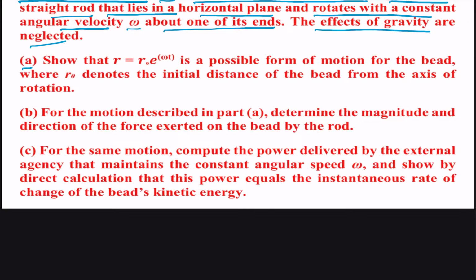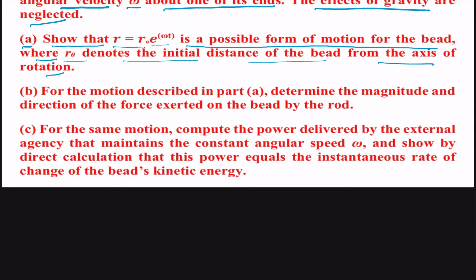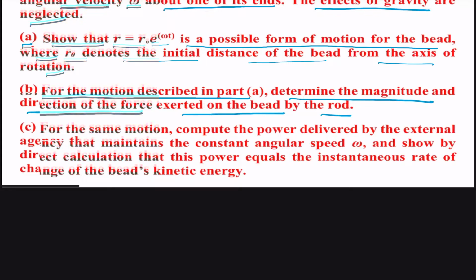Part A: show that r is equal to r naught e raised to power omega t is a possible form of motion for the bead, where r naught denotes the initial distance of the bead from the axis of rotation. In part B, for the motion described in part A, determine the magnitude and the direction of the force exerted on the bead by the rod.